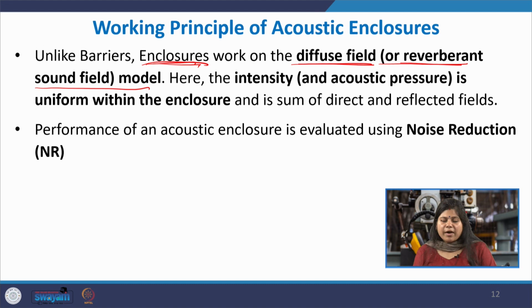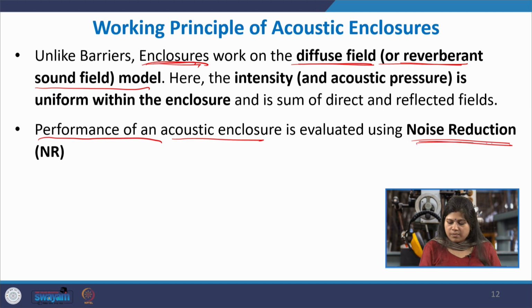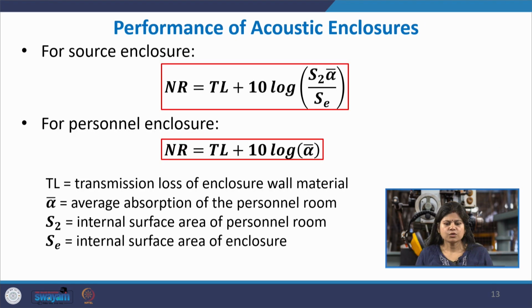And in this environment, unlike for example an outdoor barrier, which we measure through insertion loss, the performance indicator for an acoustic enclosure is noise reduction, or NR, in decibels. Okay. So what is noise reduction? It is the difference between the SPL measured outside the enclosure and the SPL measured inside the enclosure. So the performance of acoustic enclosures can be measured in terms of their noise reduction.